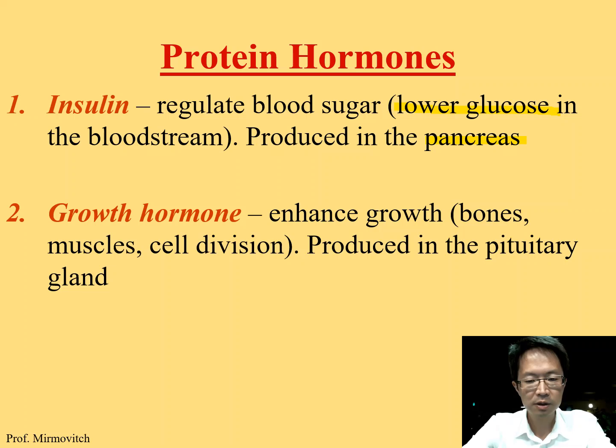Growth hormone, as the name suggests, enhances growth in the bones and in the muscle by cell division. Specifically, the cell division we talk about here in the bones and muscle is called mitosis.